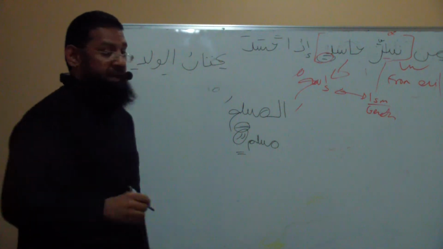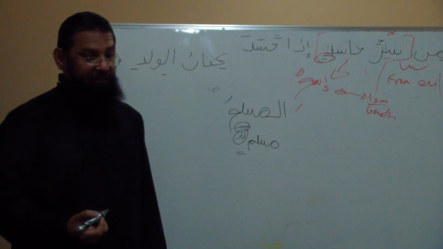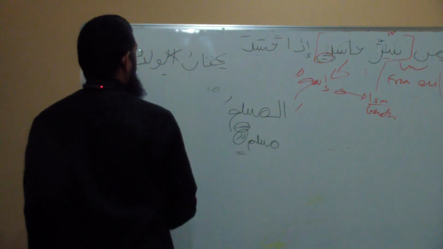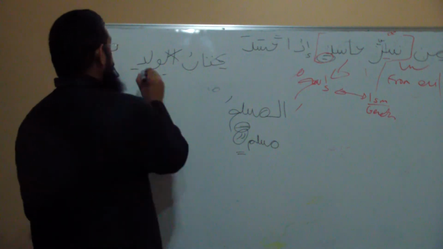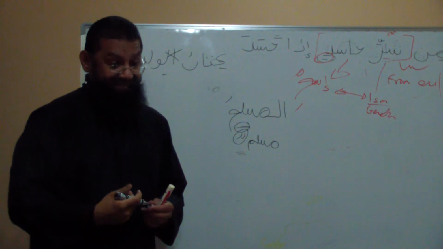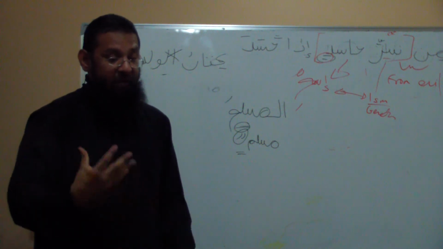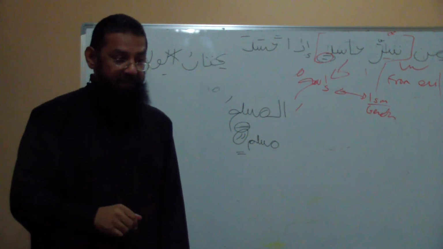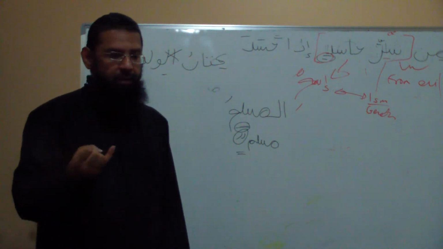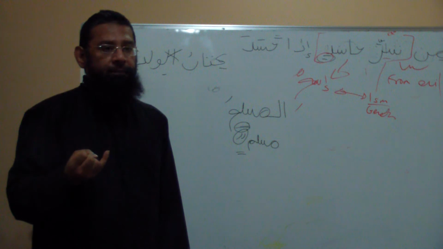But if we want to say the book of a boy, how do you do that? Here you get rid of the al. Kitabul Waladin. So that is an idafa of an indefinite, and we did this last week. The example was the book of a boy.